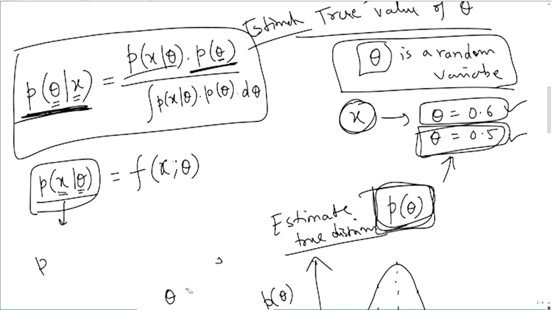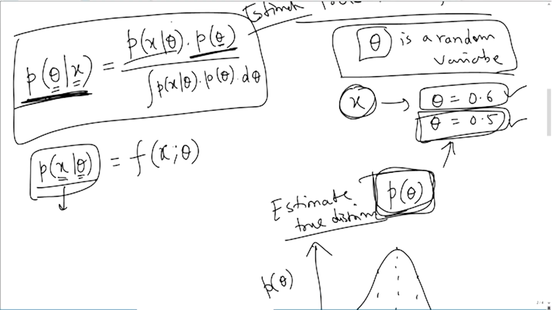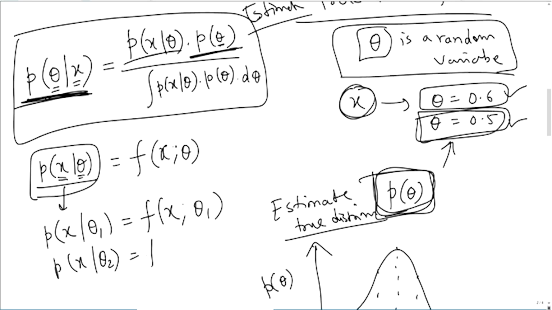In order to calculate this, you will calculate both P of x given theta and P of theta for different values of theta. So you will estimate this quantity for different values of theta. Let's say for theta 1, this will be f of x, theta 1. You will also calculate it for theta 2, that will be f of x, theta 2, and so on.